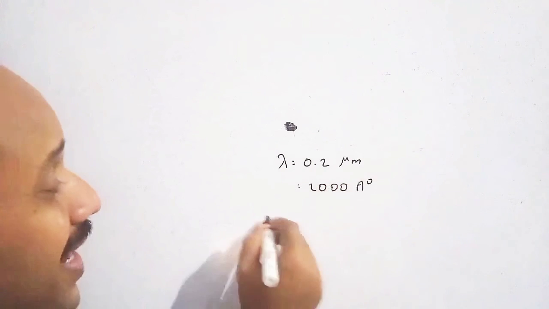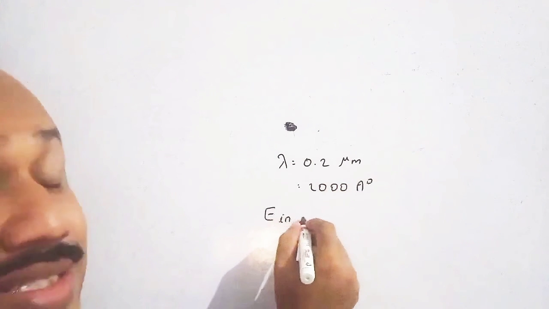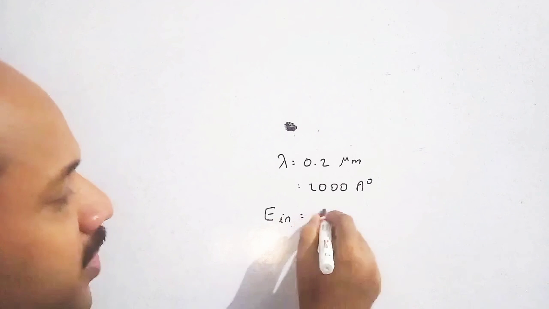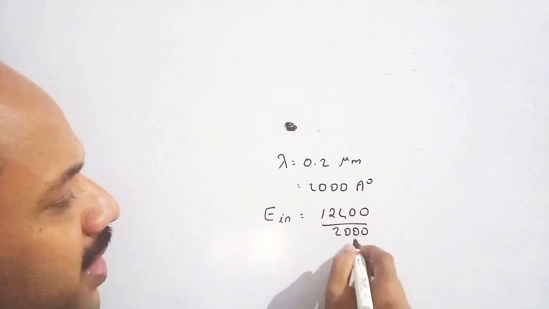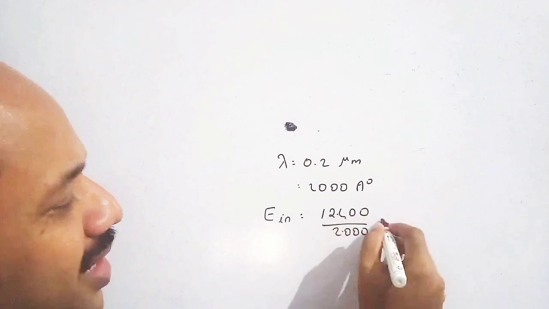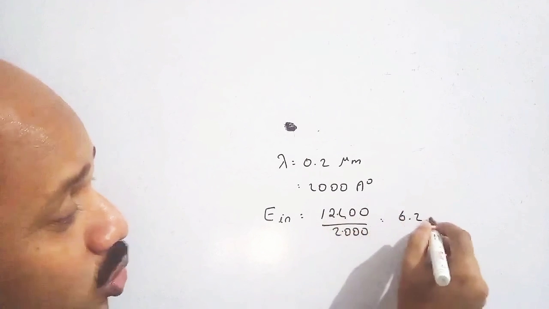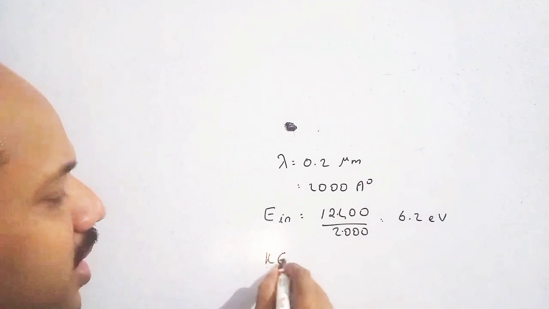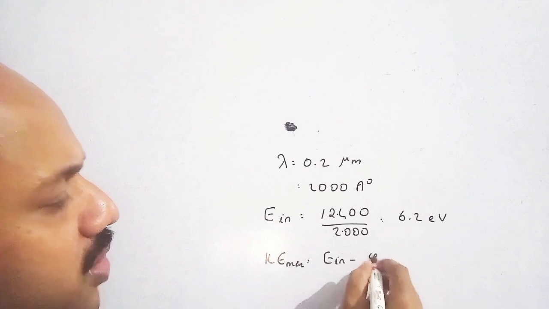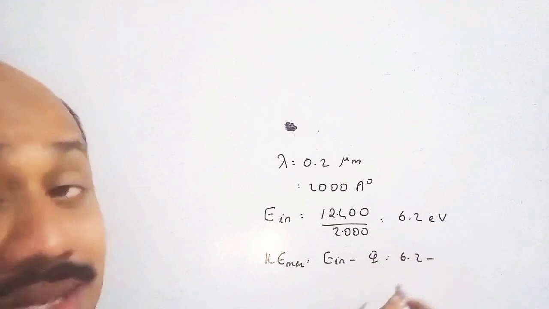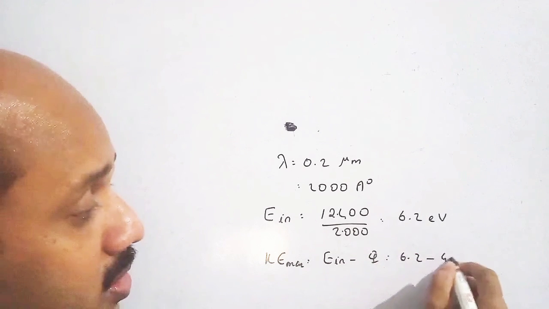2000 angstrom. Energy of this incident photon in electron volt is 12400 divided by 2000. It is 12.4 by 2, that is 6.2 electron volt. Therefore, the maximum kinetic energy of emitted electron is incident energy minus work function, that is 6.2 minus 4.6.